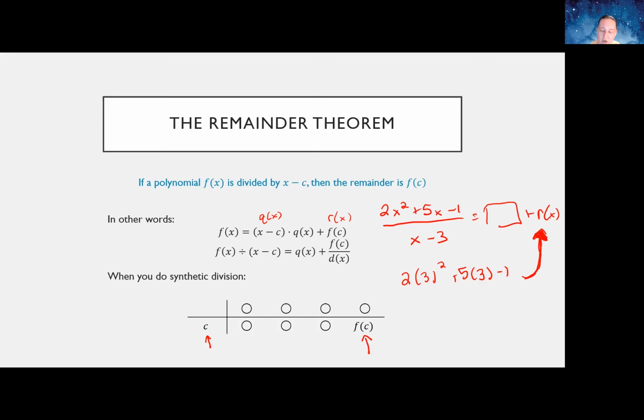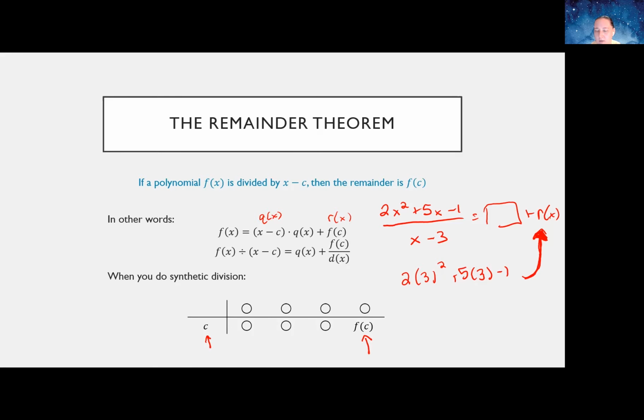This is actually really nice because if you have polynomials that have really high exponents, like x to the 4th or x to the 5th, and you're plugging in 2, you're going to have a lot of calculations on your calculator. The numbers are going to get pretty big.